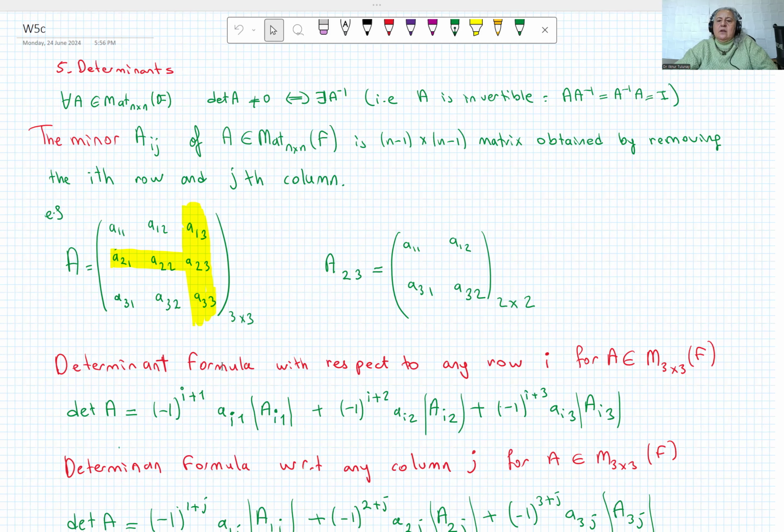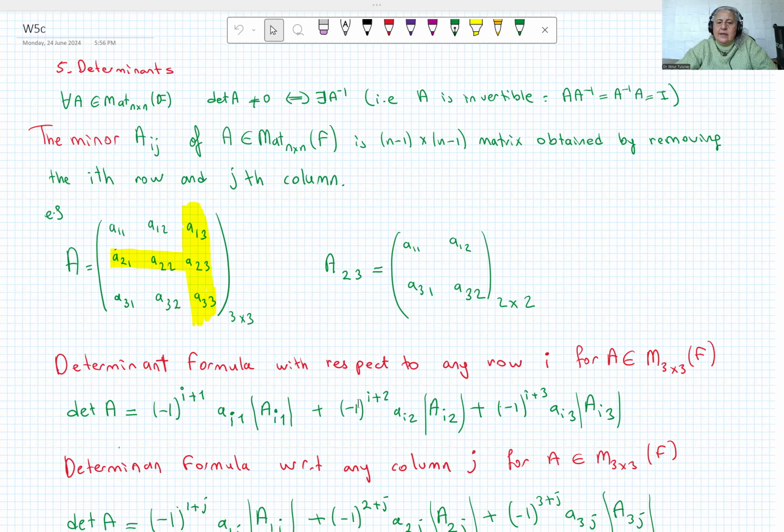Now the determinant formula for any row i: you focus on one row i, any i. For example, if you focus on the first row, then you have minus 1 to the power 1 plus 1, times A11, whatever that entry is, and then you have the minor obtained when removing that row and column.